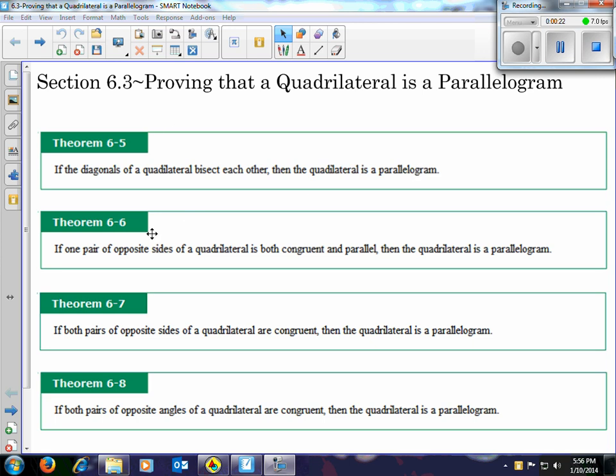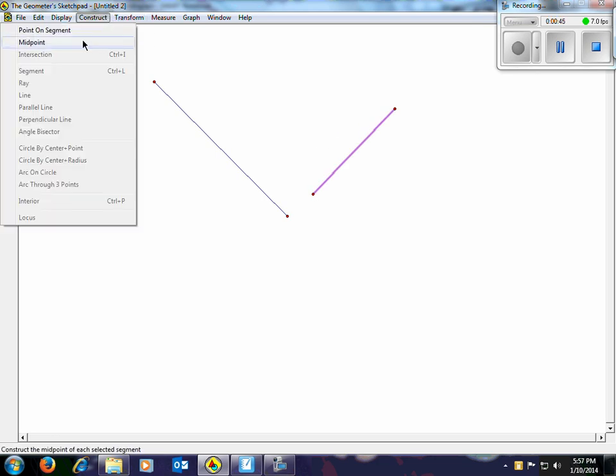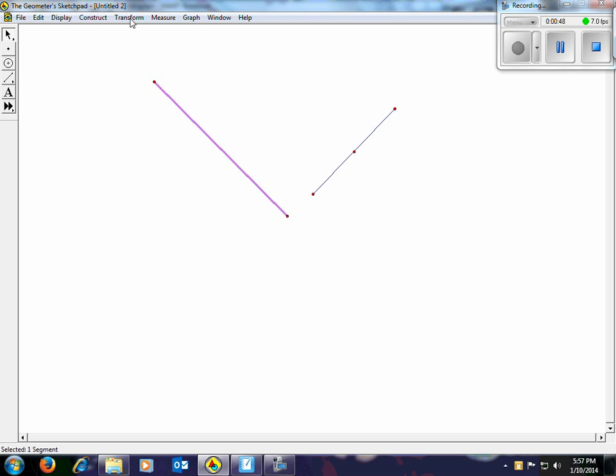The first one we're going to talk about is if the diagonals of a quadrilateral bisect each other, then the quadrilateral is a parallelogram. Okay, what I'm going to do is use this fancy program called Geometry Sketchpad, and I'm going to construct two random length segments. And I'm going to give them midpoints so I know right where the halfway point is.